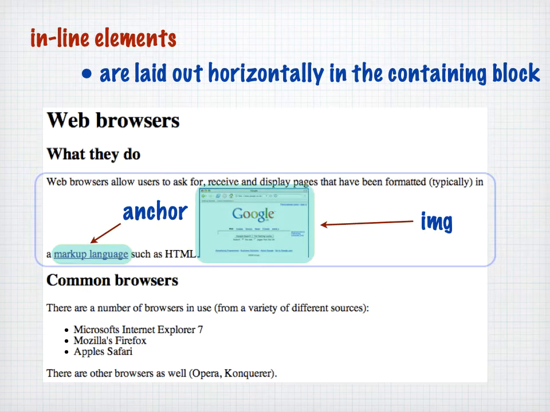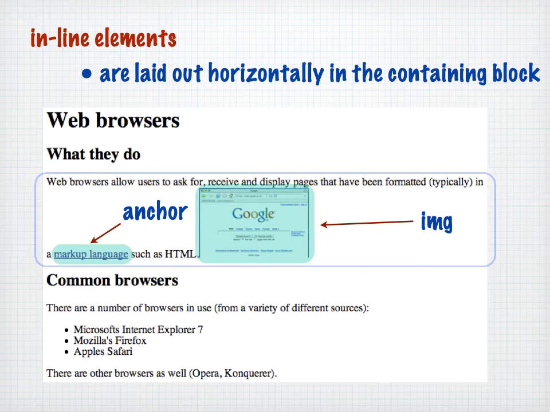And if you look at how they're laid out, they are laid out horizontally, in other words, from left to right, inside the containing block. So when we put a link into a paragraph, it doesn't create a carriage return, line return. It's actually embedded inside the paragraph. Similarly then, an image by default is an inline element inside the containing block.